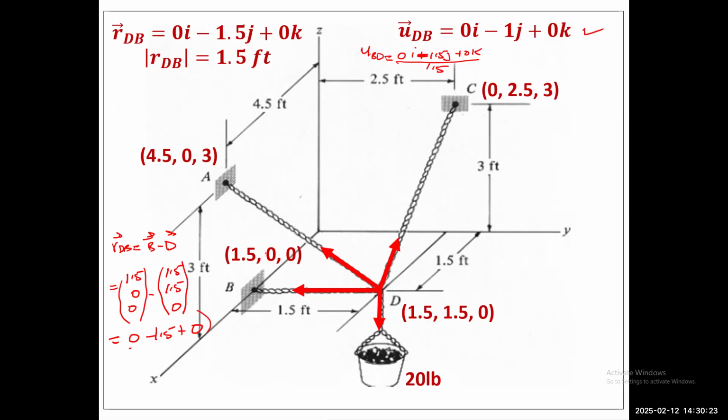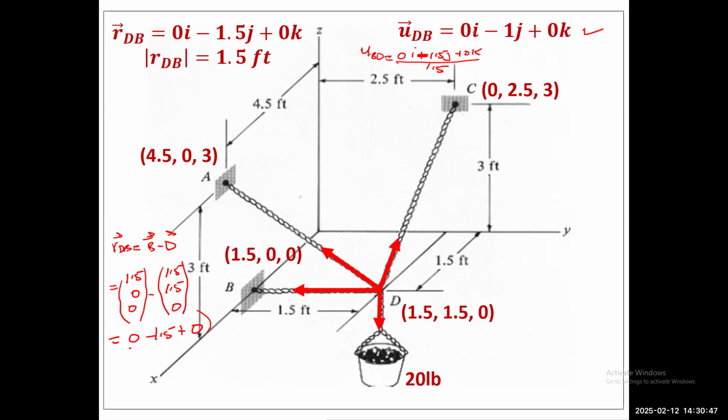Once you have a position vector and it's only going in one direction, it's typically the axis that it is going in. That axis coordinate for this unit vector is typically 1, right? In this case, it is minus 1, so it's 0, minus 1.